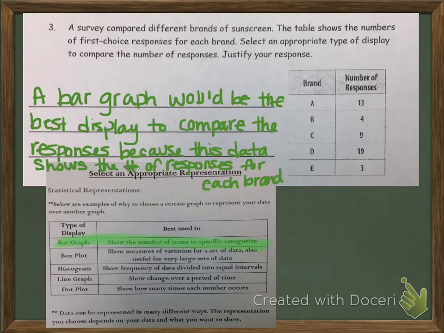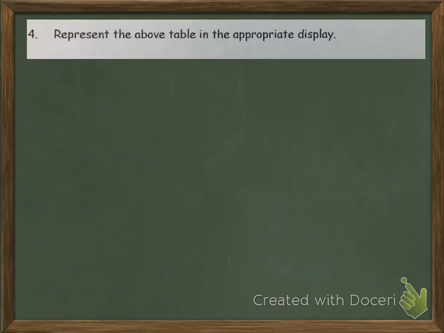So a bar graph would be the best display to compare the responses because the data shows the number of responses for each brand.